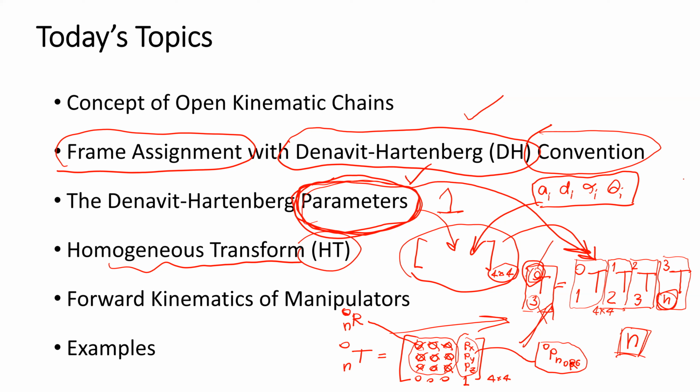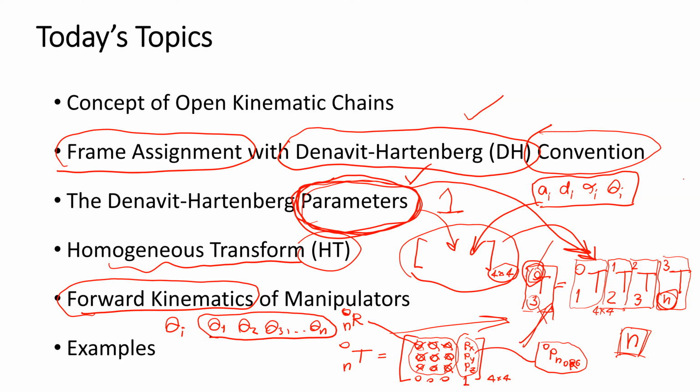So the meaning of the forward kinematic is, if we know the joint variable, for example, if we know theta 1, theta 2, theta 3 until theta n, what is the Cartesian coordinate that corresponds to the joint variable?